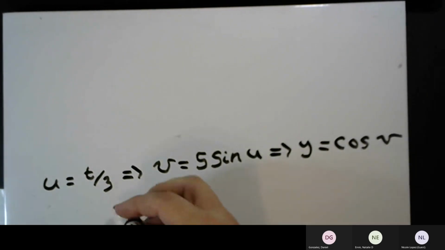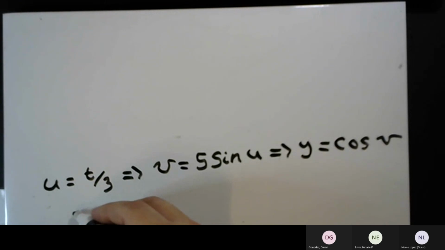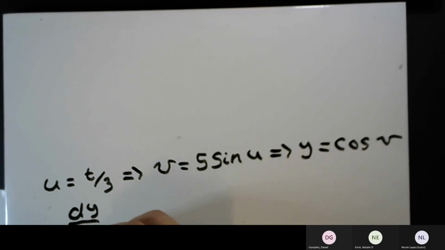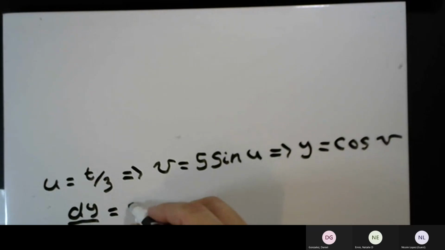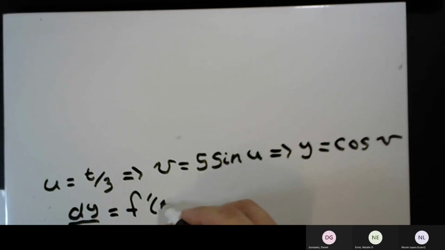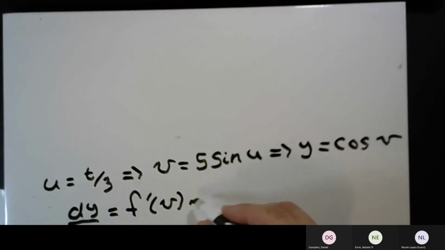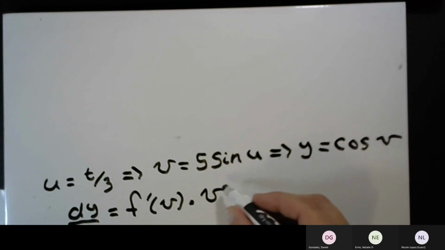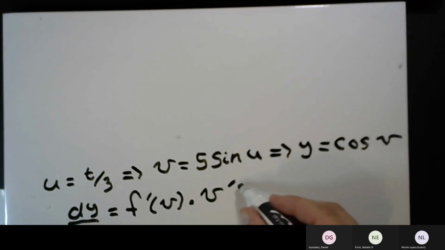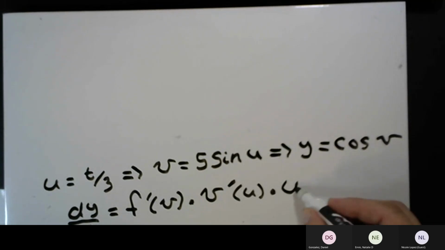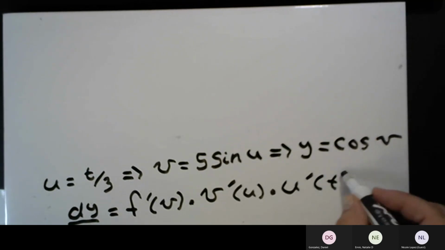So what we can do with this, dy dt, well, again, it was f prime of v times v prime of u. We're going to have u inside of v times u prime of t.